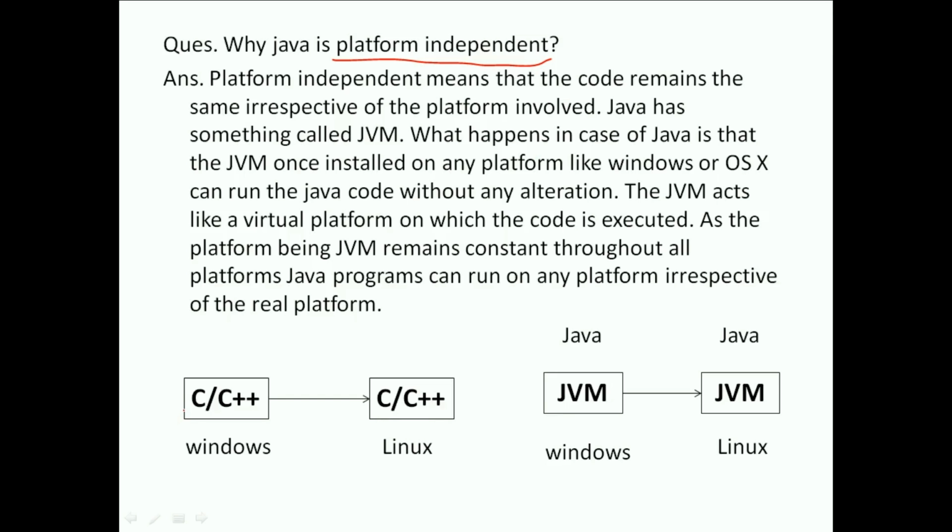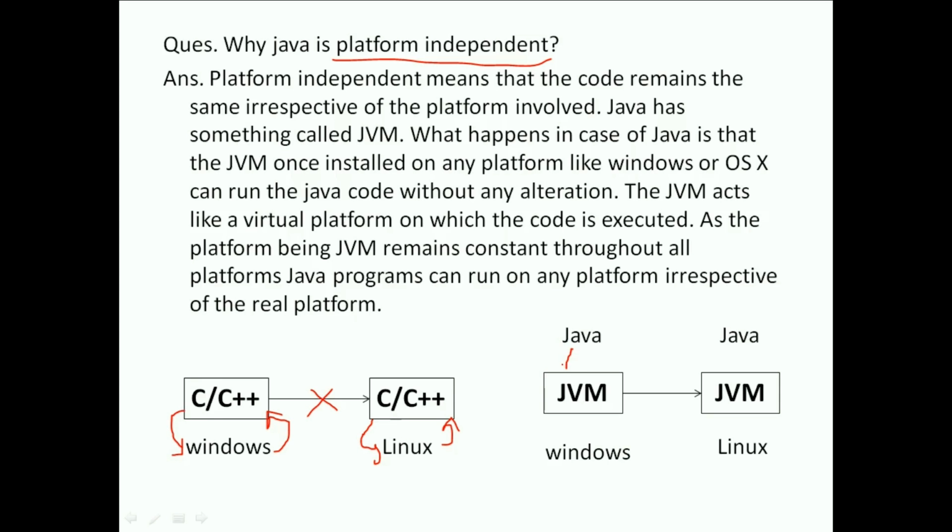Like in C++, if we write a program in C++ in Windows, compiled and interpreted in Windows, and we compile the same program in Linux, the programs do not work on the different platforms. The cross platform is not there, meaning they have no independence in C++.